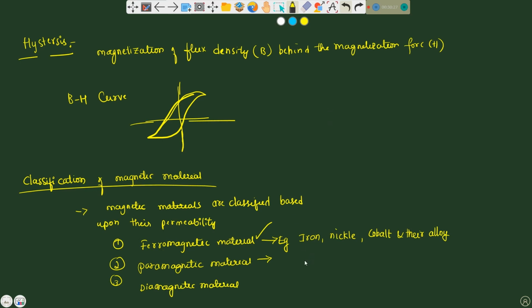Then we have paramagnetic materials. The materials which, when placed in a magnetic field, acquire weak magnetization in the same direction of the field are called paramagnetic materials. Example, we have copper, aluminum, platinum, etc. So next we have diamagnetic material. The material which, when placed in a magnetic field, does not acquire any magnetization.